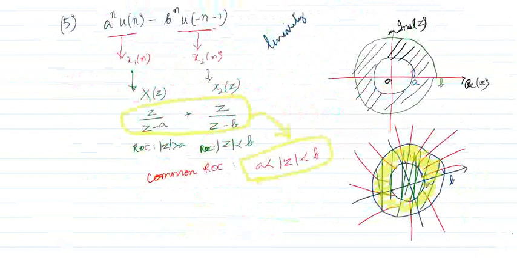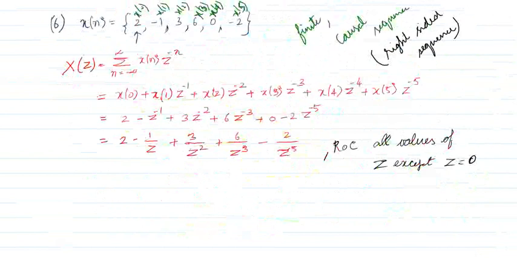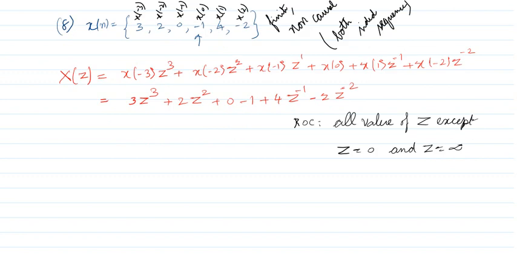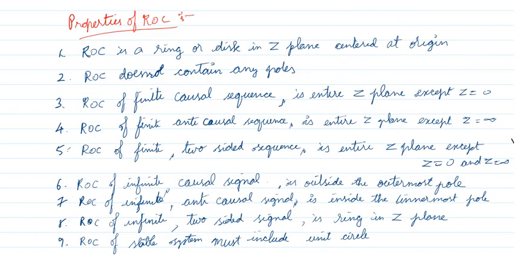This is a causal sequence, so the ROC is all values of Z except Z equal to 0. This is an anti-causal, or left-sided, sequence, so the ROC is all values of Z except Z equal to infinity. A finite two-sided sequence, which we also call a both-sided sequence, has an ROC of all values of Z except Z equal to 0 and infinity.